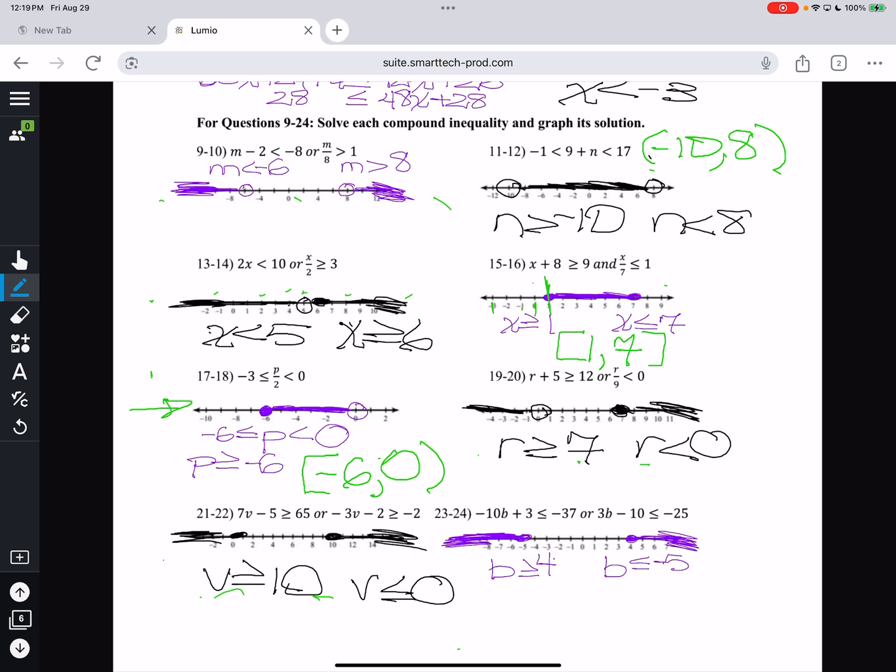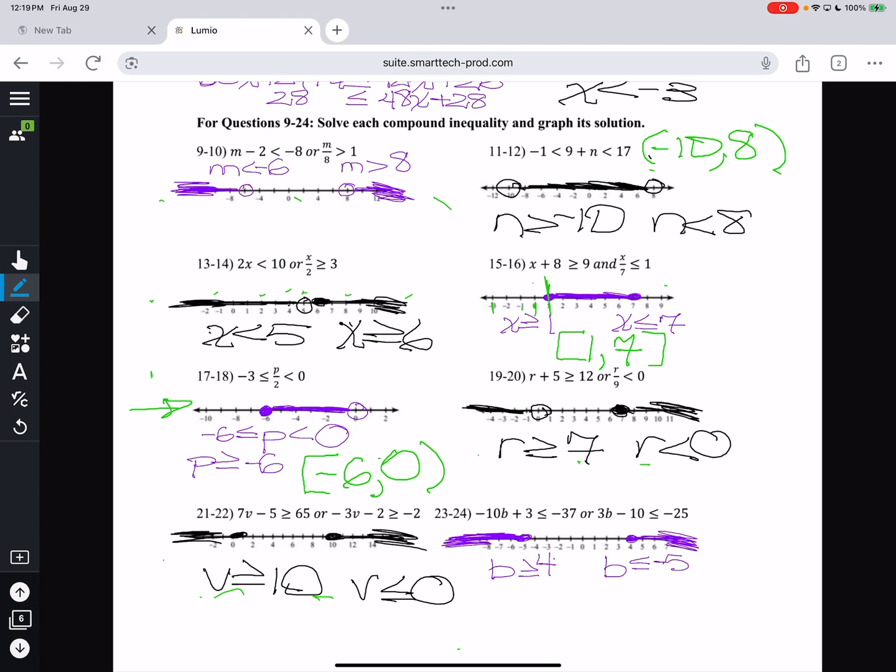So you put a capital U in between the two interval notations to show that it is the union of these two things that have nothing in common as the solution. But here's my question to you. Notice on number 9 how it went all the way off in Never Never Land to the left.